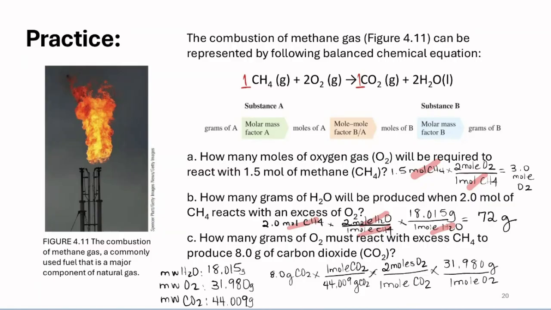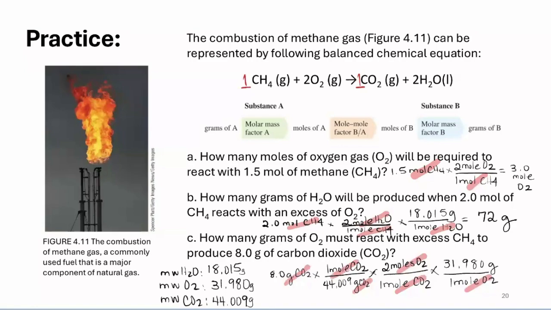When it comes to unit cancellation, grams of CO2 cancel with grams of CO2, moles of CO2 with moles of CO2, moles of O2 with moles of O2, and I plug this in my calculator. I do 8.0 times 2 times 31.980. That's the top.